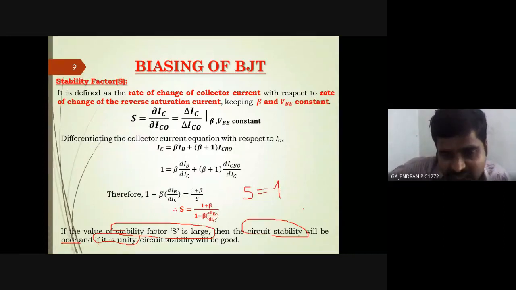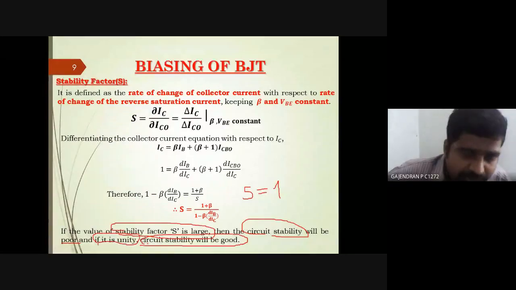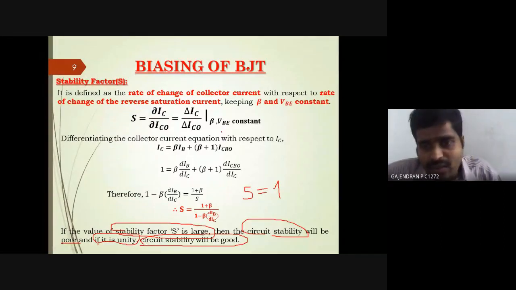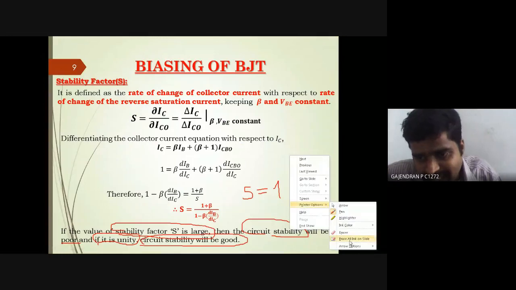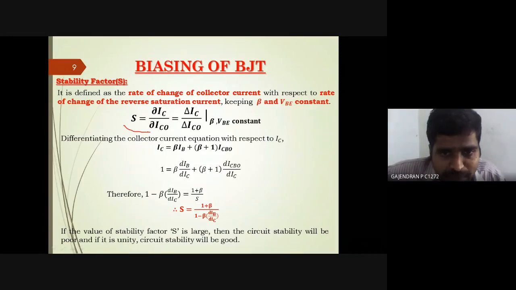If S is equal to 1, the circuit stability will be good. So do remember these two points regarding your stability factor.